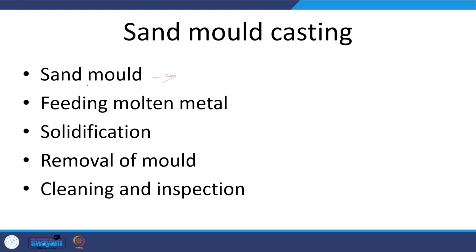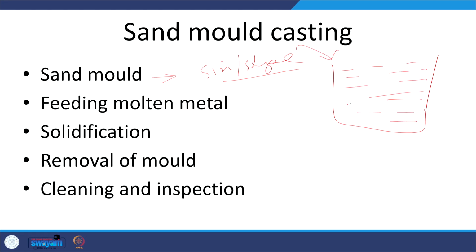So we have the mold of the desired size and shape with the desired characteristics. When we feed the molten metal, of course it will have gases dissolved, or gases which are present in the mold, and there is a possibility of a few inclusions also. So the heat dissipation from the mold wall will start.